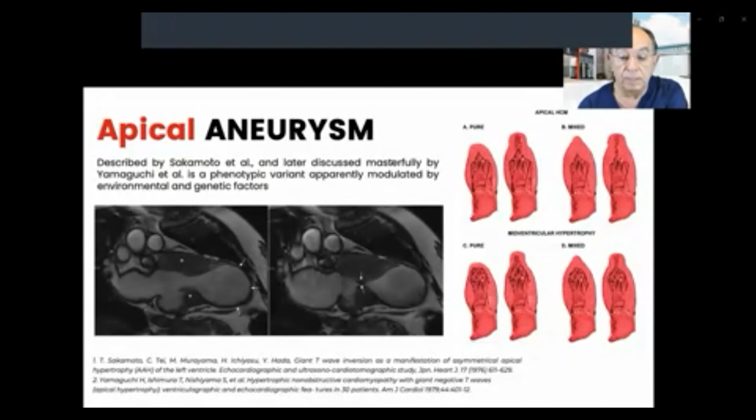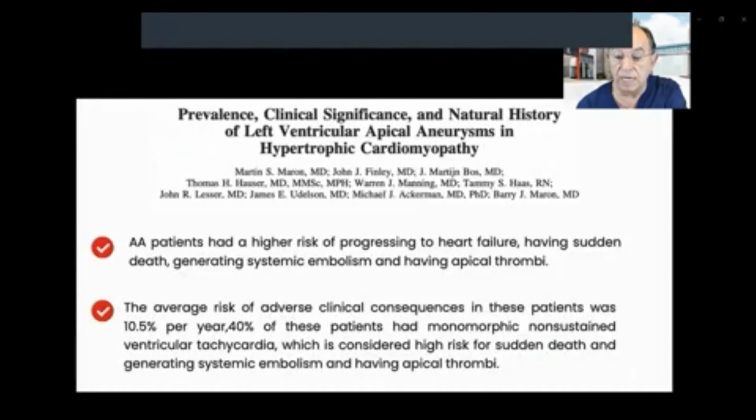The apical aneurysm can be produced by obstruction in the medial or apical segments through the presence of ischemia in these segments of the apex of the left ventricle, and with time it's possible to produce aneurysm in the apical segment, but this aneurysm increases the risk of embolization and arrhythmias and produces more risk of sudden death in this kind of patient.